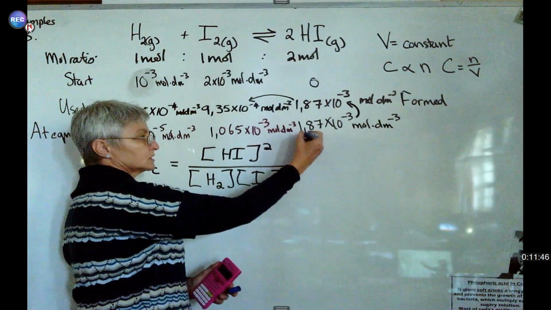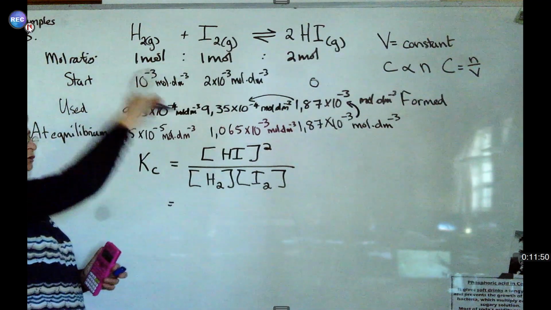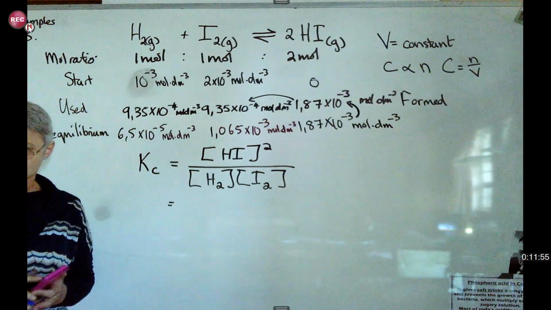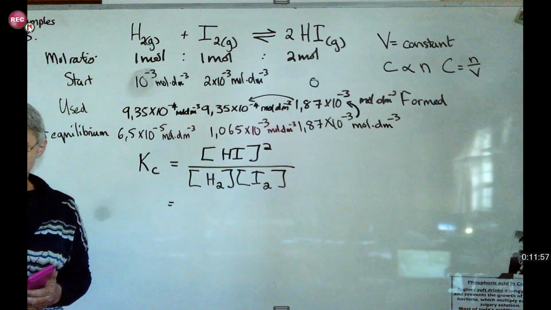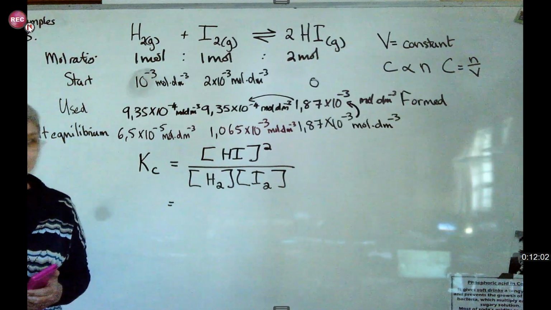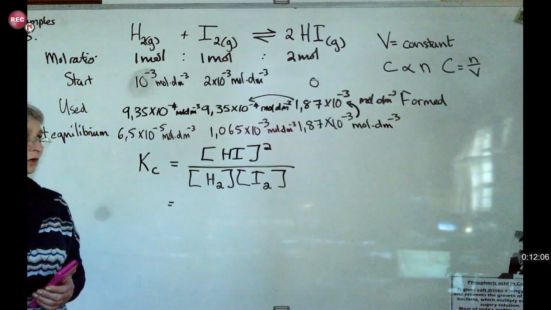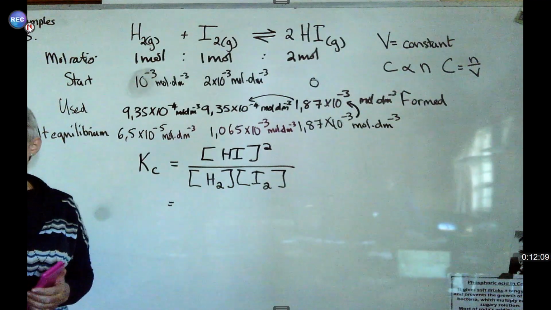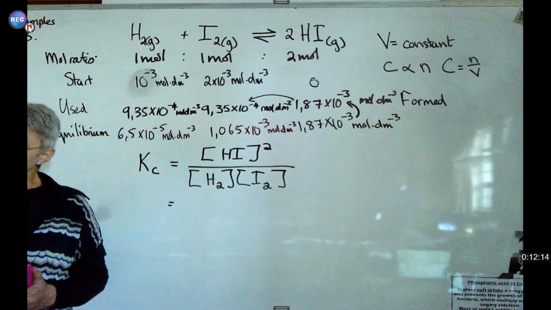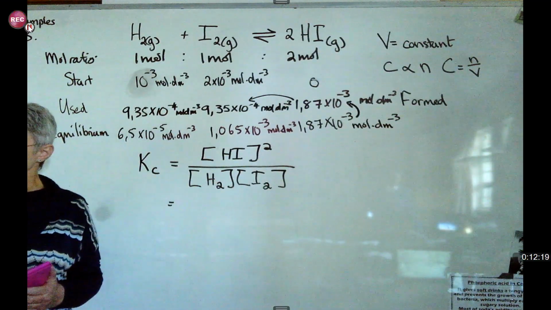That is the concentration of the HI at equilibrium, yes: 1.87 times 10 to the minus 3 mole per cubic decimeter. So we have to work backwards.